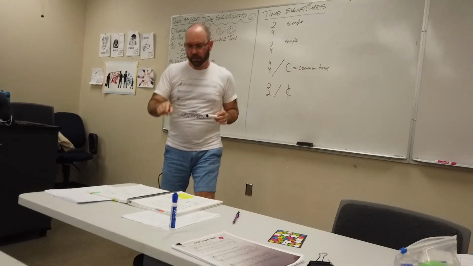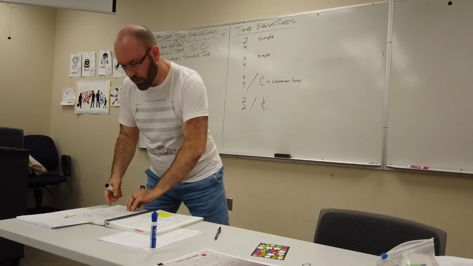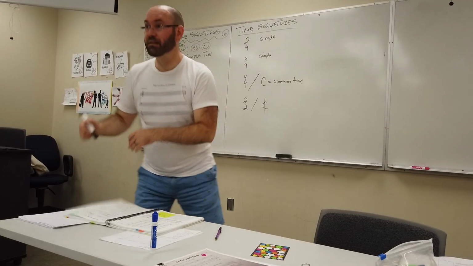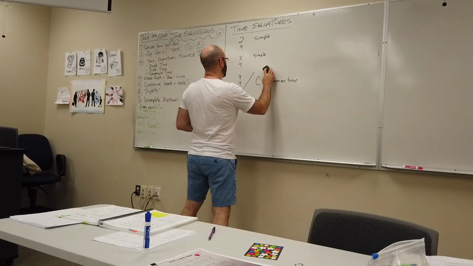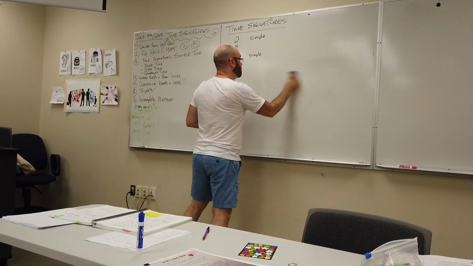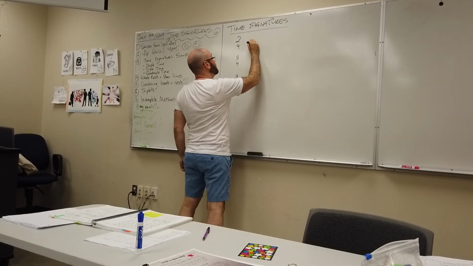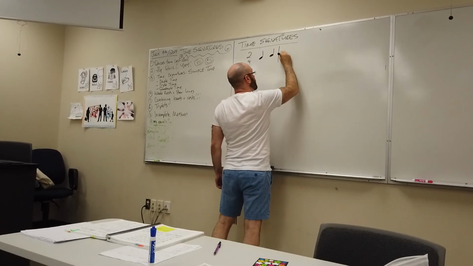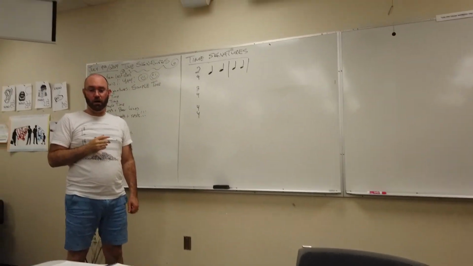this book likes to do these things, what do they call them? They call them scoops. So 2/2 time or 2/4 time means 2 quarter notes in each bar.